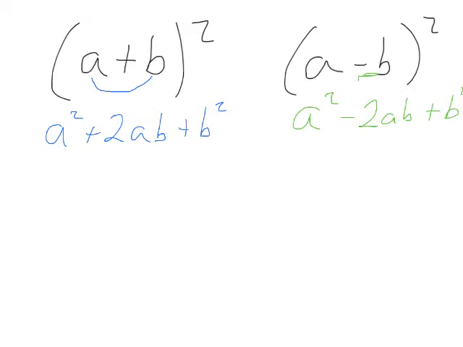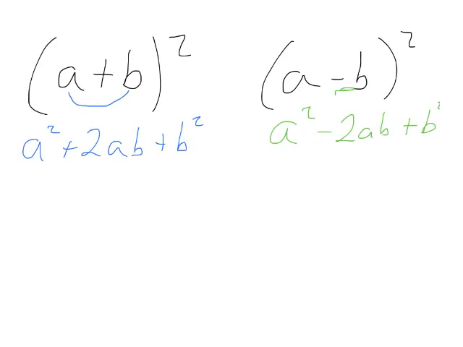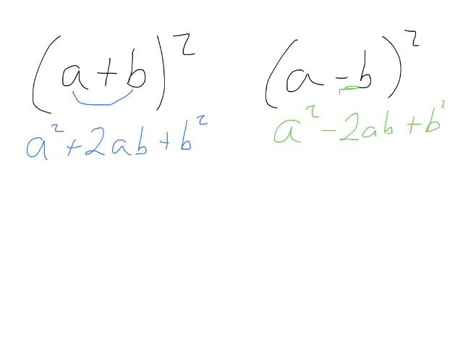In fact, the only thing that's different between what I have in the first one and what I have in the second one is this. On the first one, I have a plus because the original binomial had a plus, and on the second one, I have a minus because the original binomial had a minus. These identities become extremely important in math.